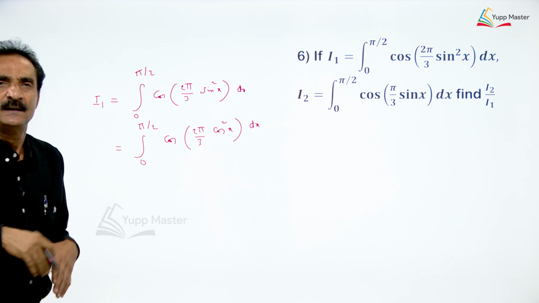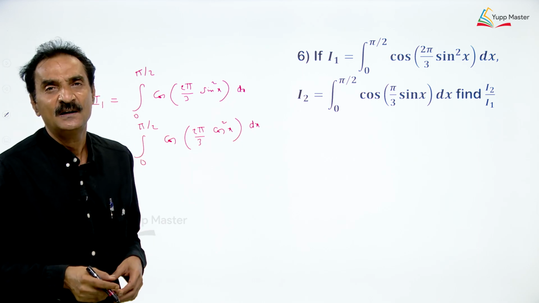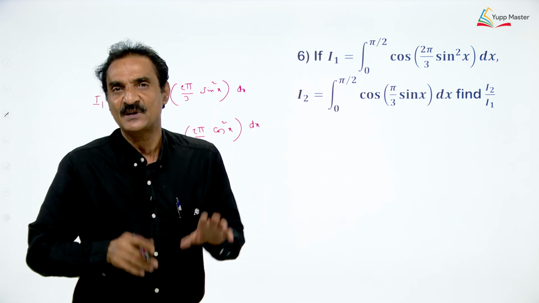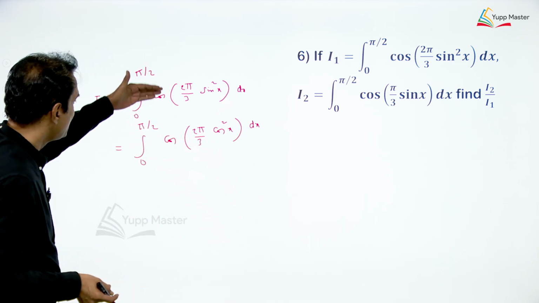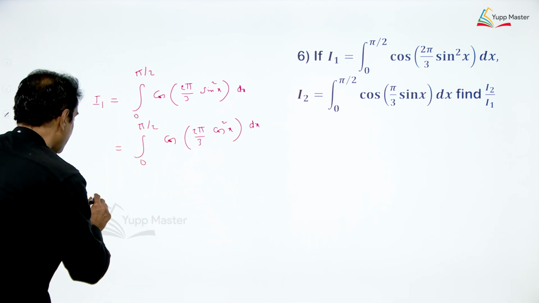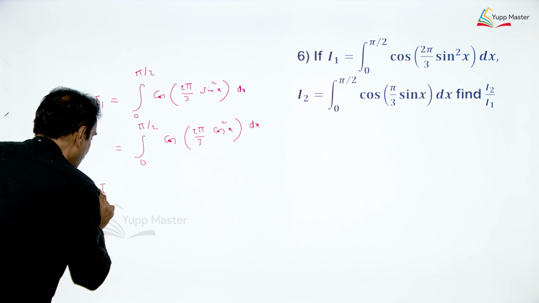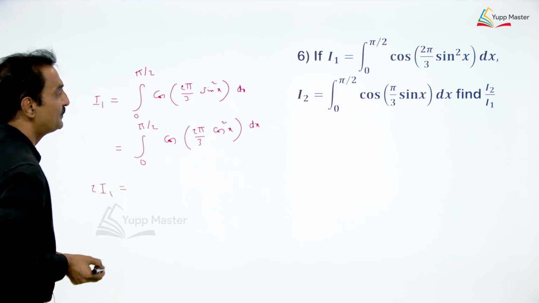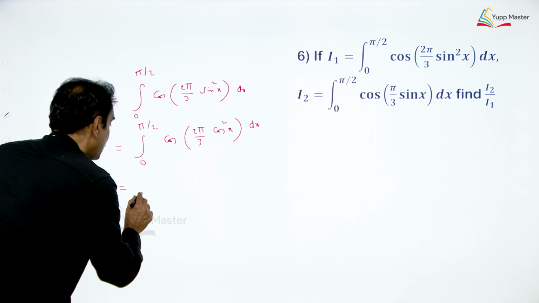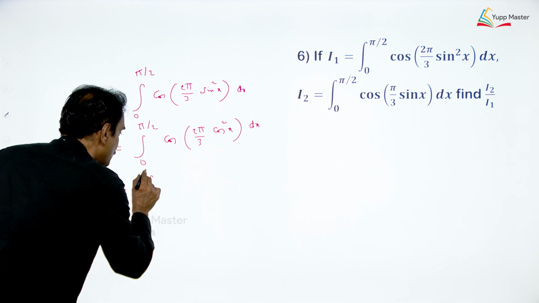Okay. Whenever you use that property, usually we add the two steps. So, adding this integral and this integral, you will get 2I1 is equal to integral 0 to pi by 2.